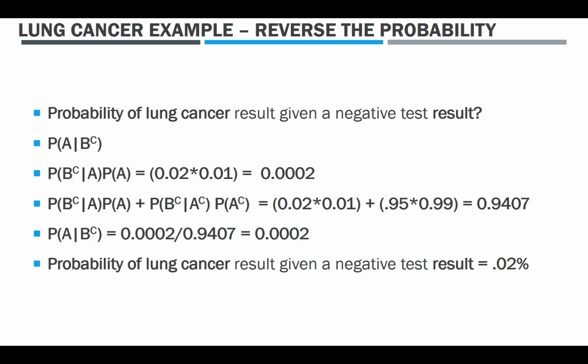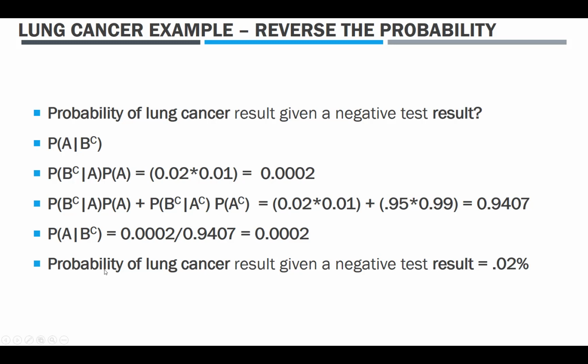So the probability of lung cancer given negative test results, and this is the negative result, right? So we take that complement, and we multiply this out. You have all the figures. You can consider this homework. Match this up, because I've given you all of the numbers. You just need to basically calculate the complements here.